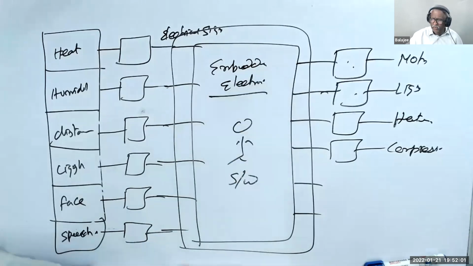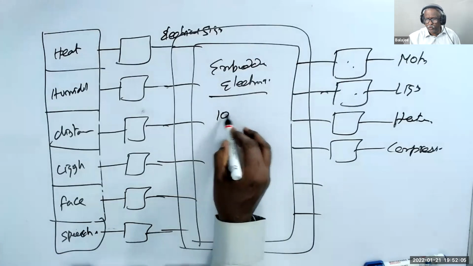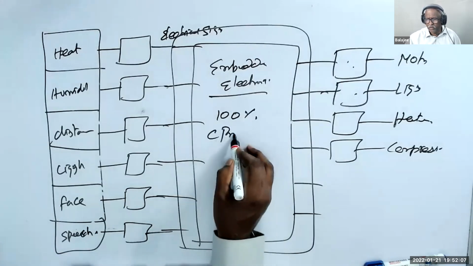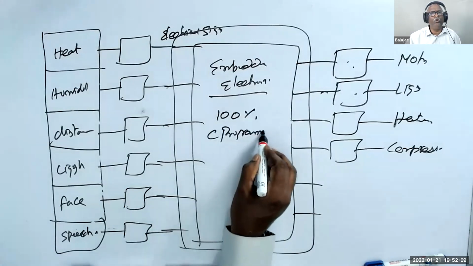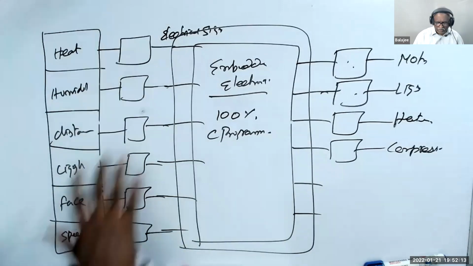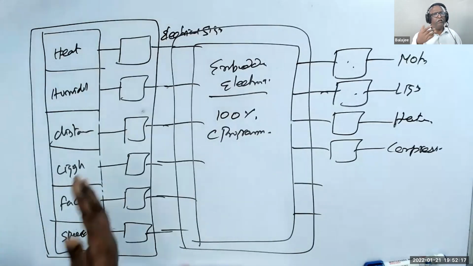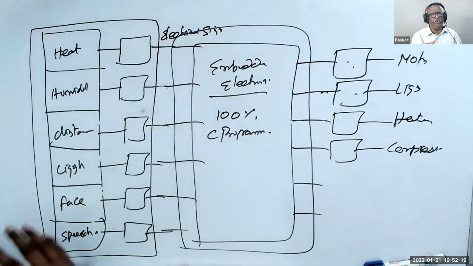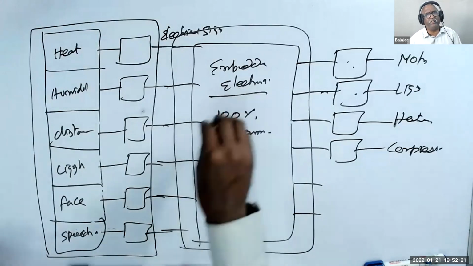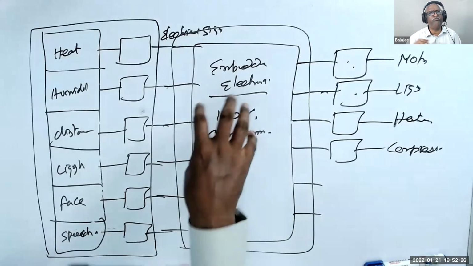To do this embedded electronics, you need to be 100% good in C programming. That's all. You need not know anything about the heat sensor, everything. Somebody will do that. Some engineer will do it, maybe an electrical engineer or electronic engineer, whoever it is. As an embedded person, they expect you to do this programming because that is quite tough.